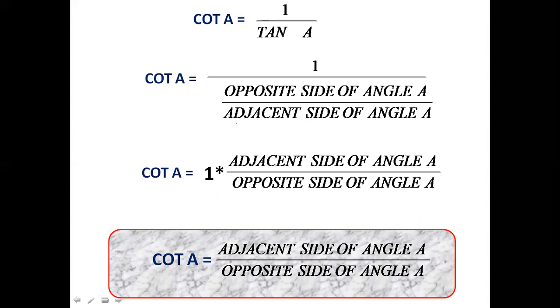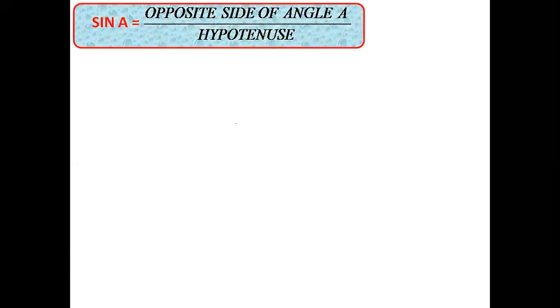Right. In the next slide, I am writing all the formulas I have taught up to now at one place. So sin A is equal to opposite side of angle A by hypotenuse. Cos A is equal to adjacent side of angle A by hypotenuse.